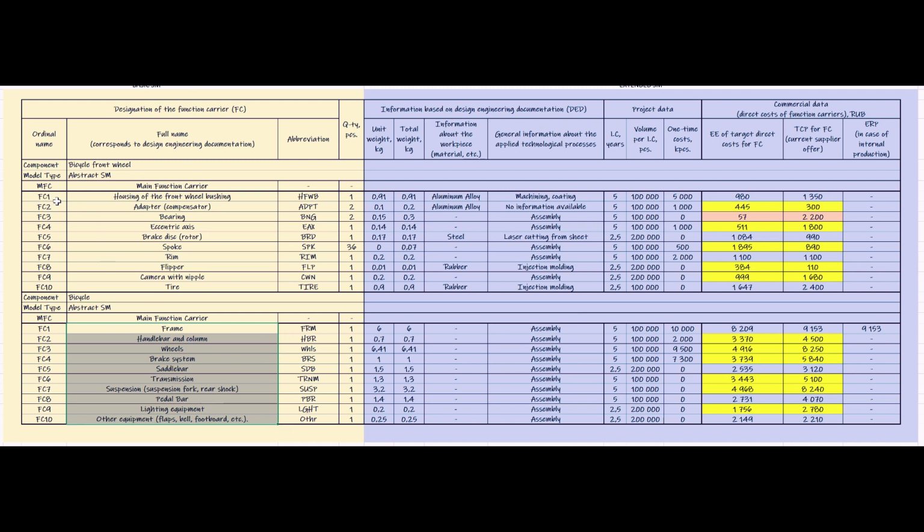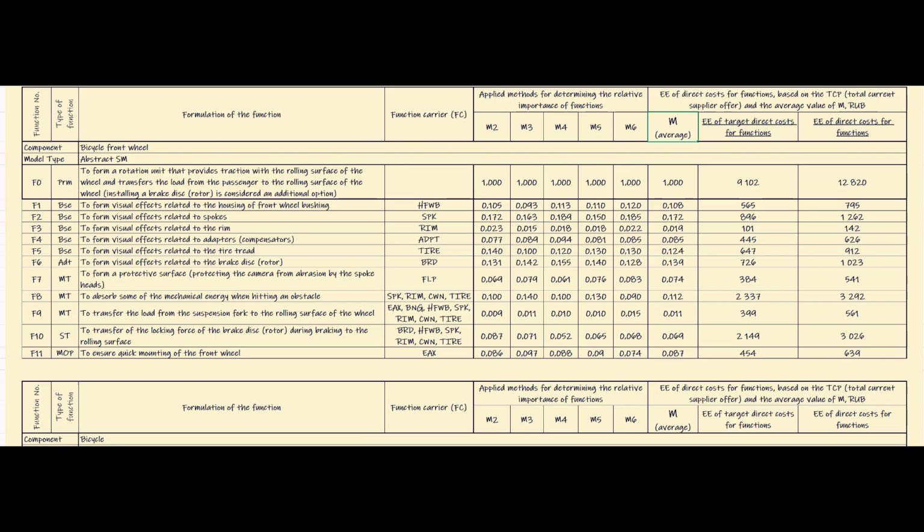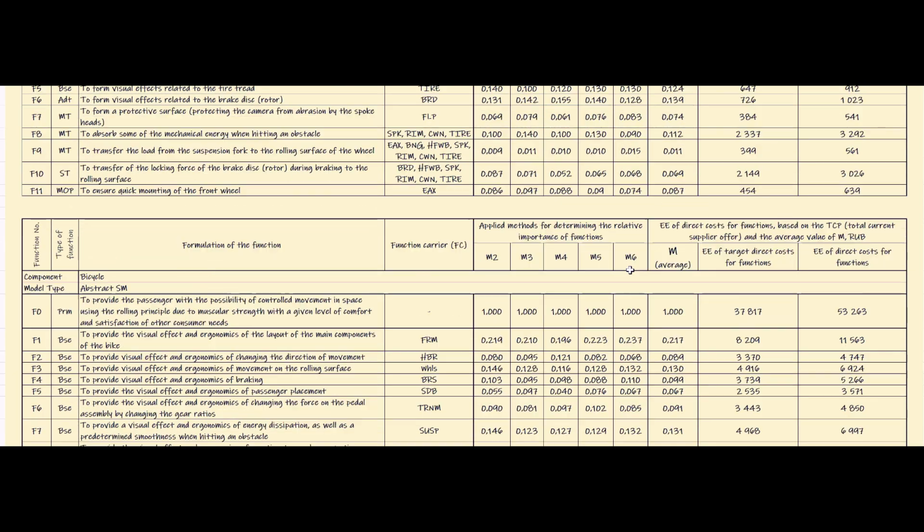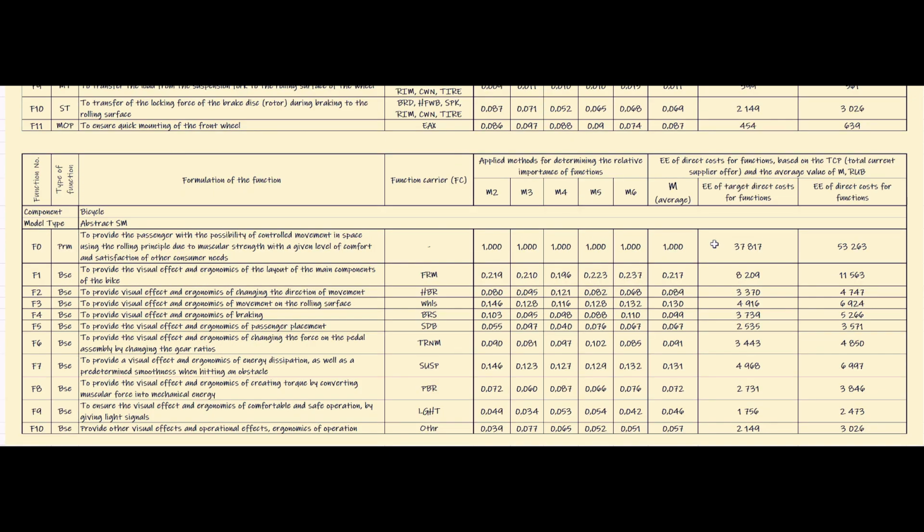A proportion is made between the current target value of the total direct cost for the product and the current value of the total direct cost for the product according to the Technical Commercial Proposal. In this case, the ratio is 0.71.